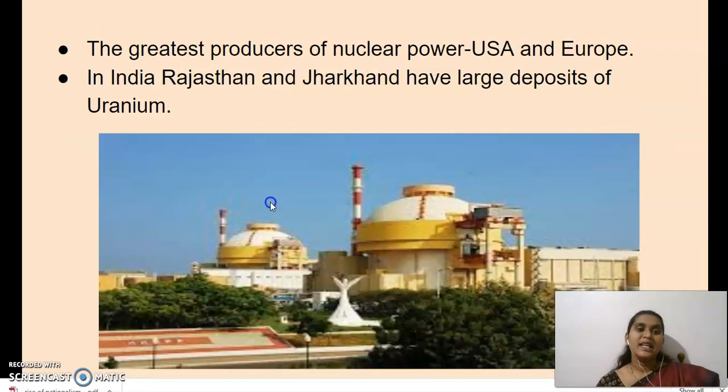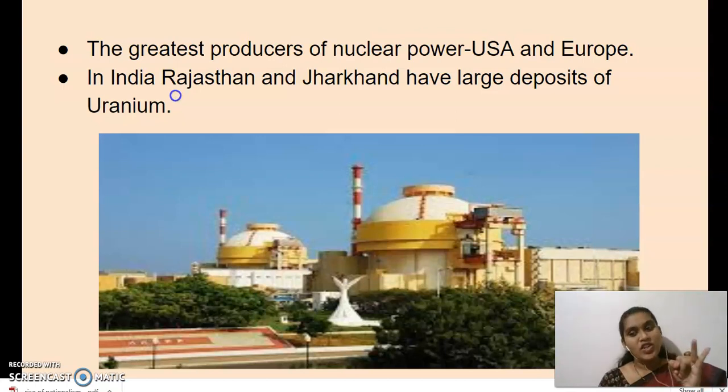See, the greatest producers of nuclear power are the USA and Europe. In India, Rajasthan and Jharkhand have large deposits of uranium. So in India, which are the two states we can see?